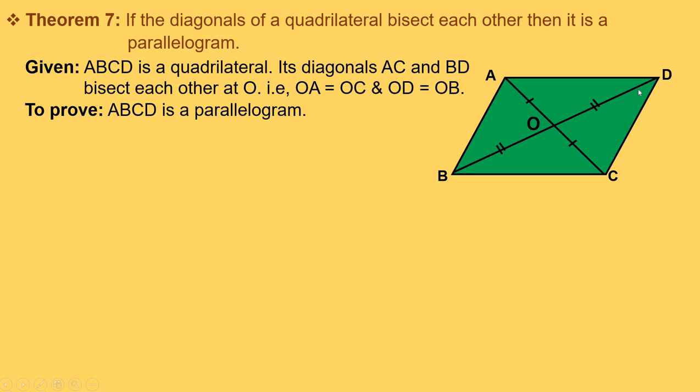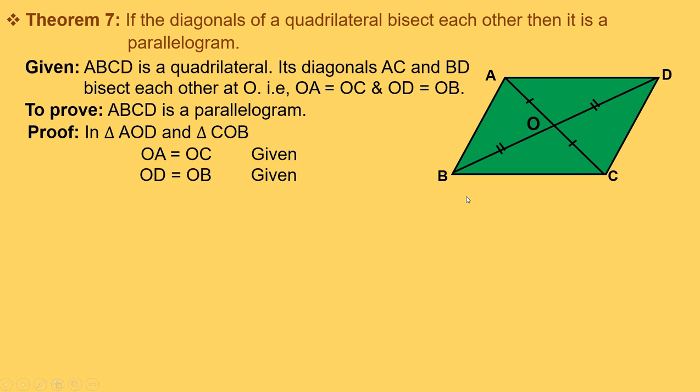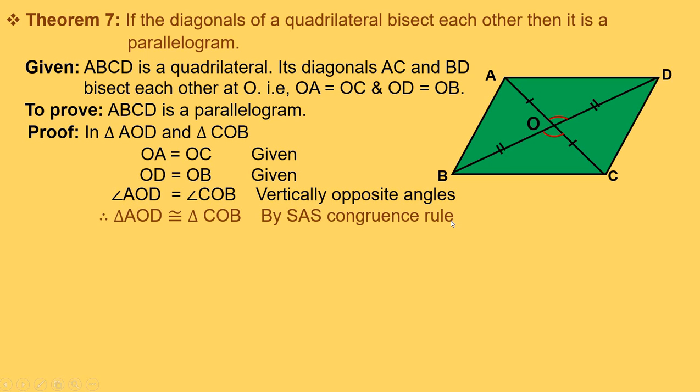In triangle AOD and triangle COB, OA is equal to OC, given. OD is equal to OB, again given, and angle AOD is equal to angle COB, vertically opposite angles. Therefore, triangle AOD is congruent to triangle COB by SAS congruence rule.